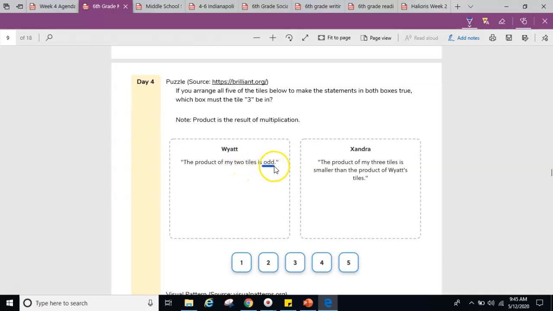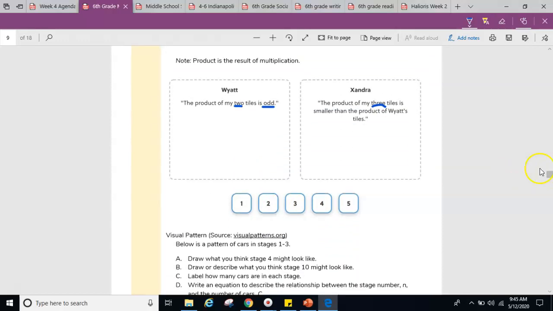This is important, it's odd. In Xandra, the product of my 3 tiles, this is 2 tiles, this is 3 tiles, is smaller than the product of Y's tiles. Okay, so you're going to have to plug in numbers, multiply them, and see what you come up with to figure out which 2 goes where and which 2 Wyatt has and which 3 Xandra has.